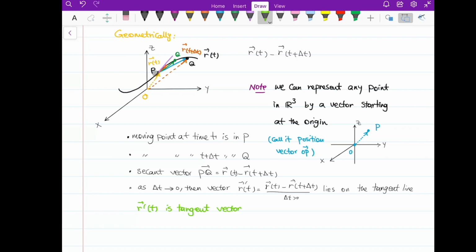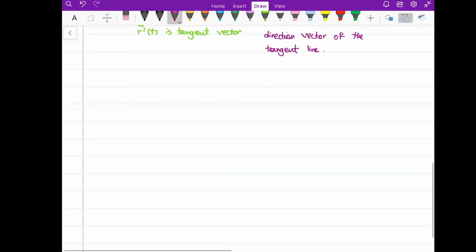Okay, and so since r prime of t would be on the tangent line, we're gonna call it the direction vector of the tangent line. It's very important, just because we're gonna use r prime of t to find the tangent line.